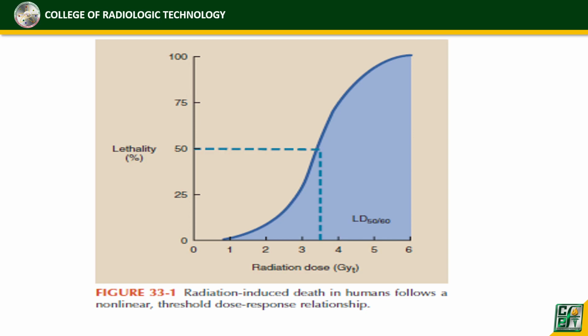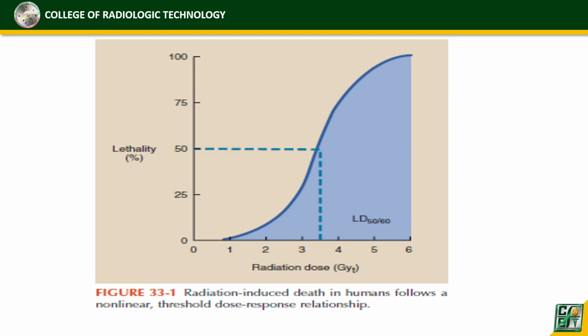So, radiation-induced death in human follows a nonlinear threshold dose-response relationship. So, nonlinear threshold dose. Okay. Bakit siya nonlinear? Because it presents a sigmoidal graph. Threshold kasi meron siyang threshold. And ang threshold dito is 6 gray.